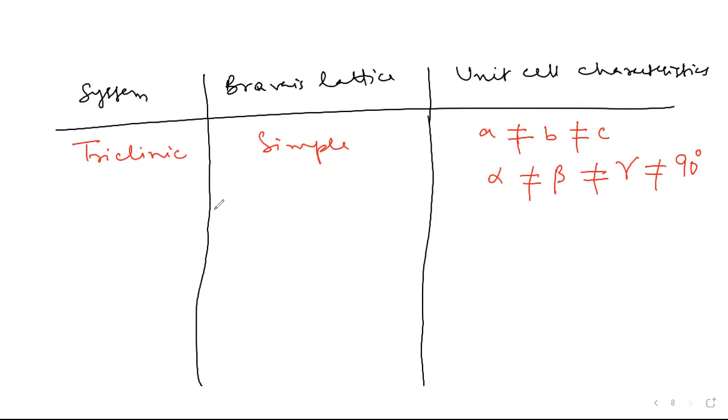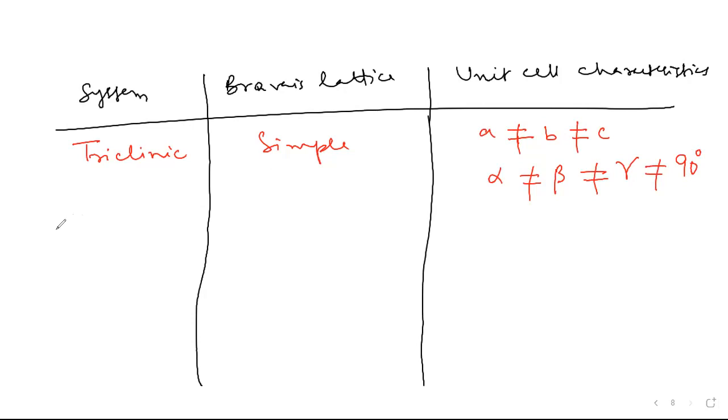Understand it? So in case of the simple Bravais lattice, all the three edges of the parallelepiped are non-equal and all the opposite angles are non-equal and non-90 degree, right? Let us move to next.